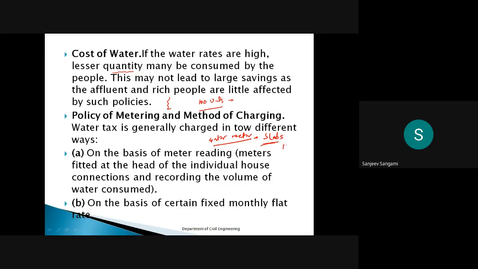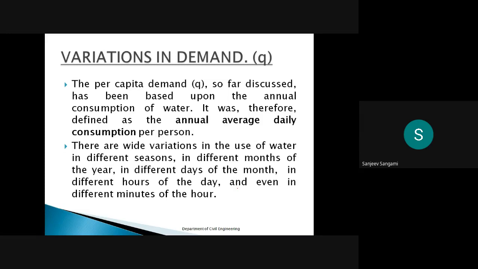For 10 units of water consumption, assume it is 20 rupees. If you cross this, it will be double, like two or three times the charge for each unit. Then automatically the usage of water is going to be reduced. In metropolitan cities, it is already installed. If you cross that slab, normally the rate doubles. Then we'll go ahead with variation in the demand.